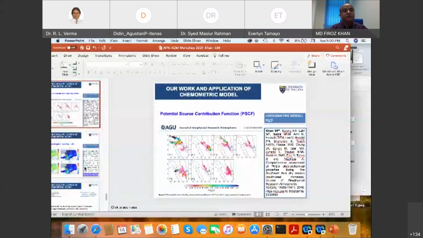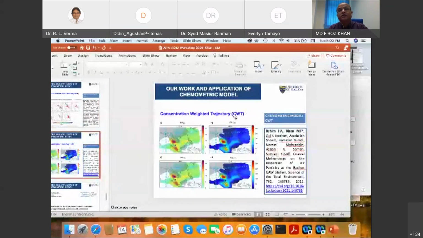At the same time, there is another statistical function called concentration weighted trajectory. This is a trajectory model, but we can make use of that trajectory model in many ways. If you look at some of our recent published papers, we have made many modifications to the trajectory model and applied it to our work. Do you know what the purpose is?